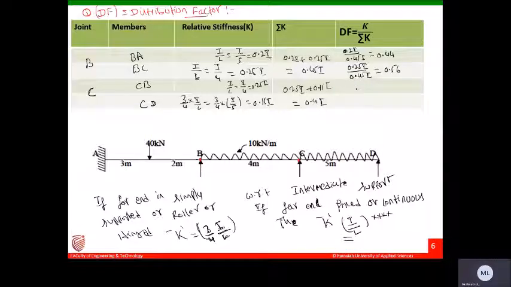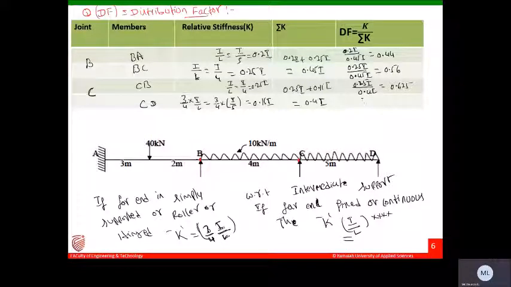Similarly, here it will be 0.25 I divided by 0.4 I, which gives 0.625.